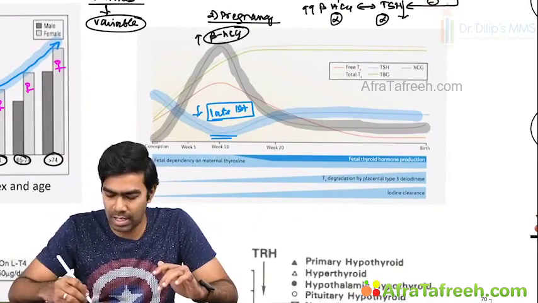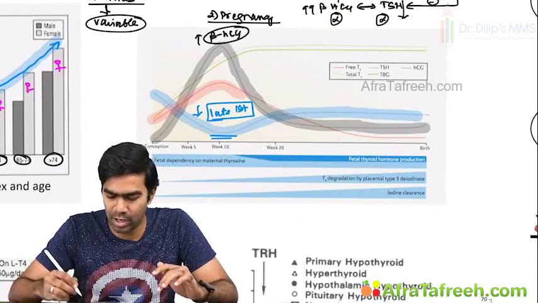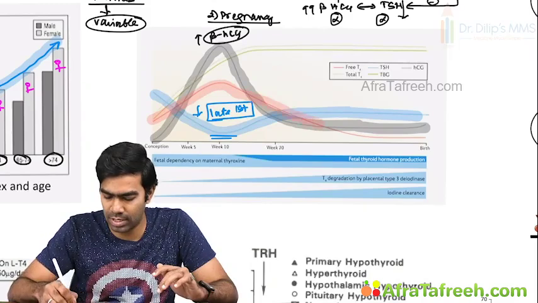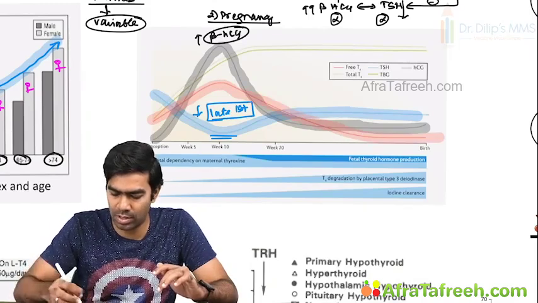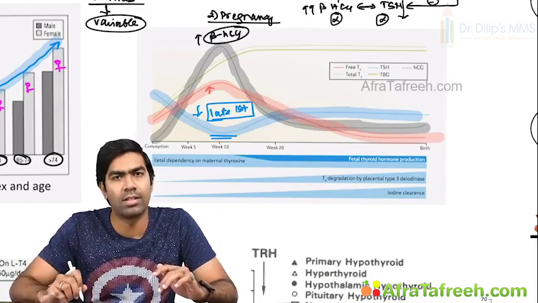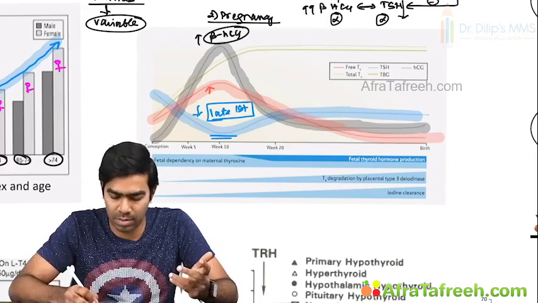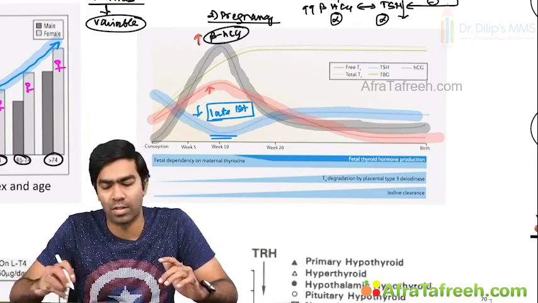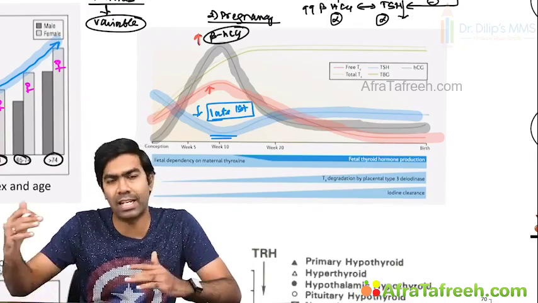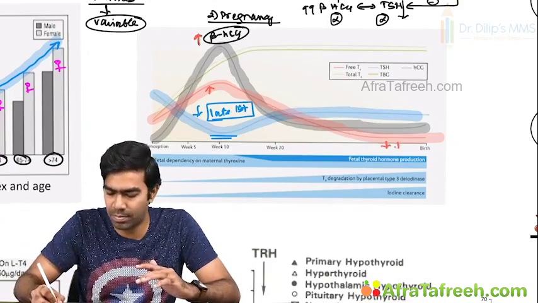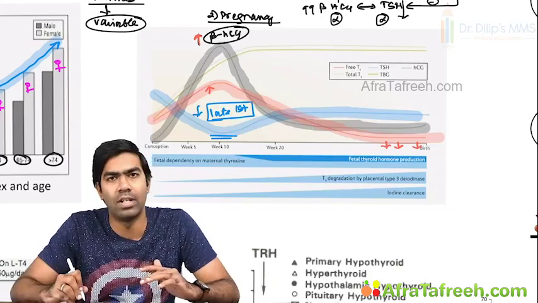You can see and correlate with the thyroid hormones as well, where the thyroid hormones are actually increasing in the late first trimester, corresponding with the peak of the beta-HCG, right? And after some time, in the second and the third trimester, the thyroid hormone levels are actually reducing.